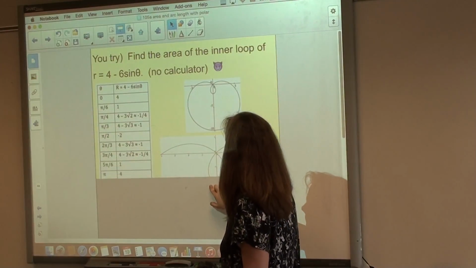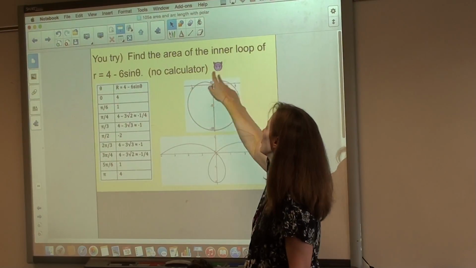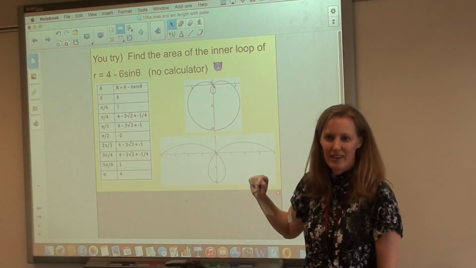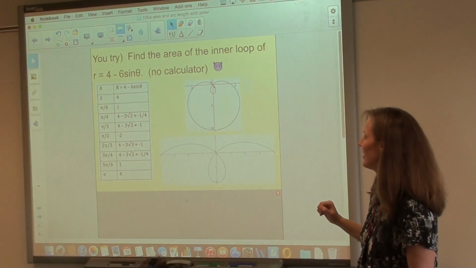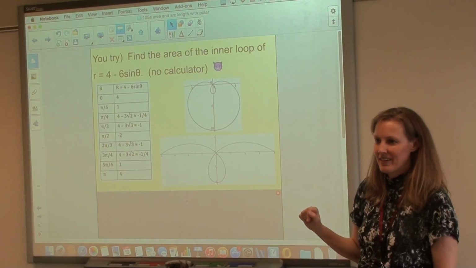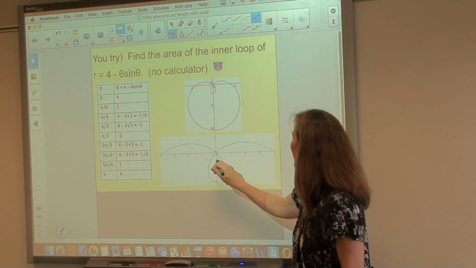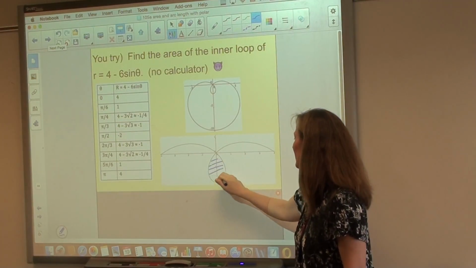This is what the whole graph looks like. There's an outer loop and an inner loop, right? Now we're finding the area of this one right here.